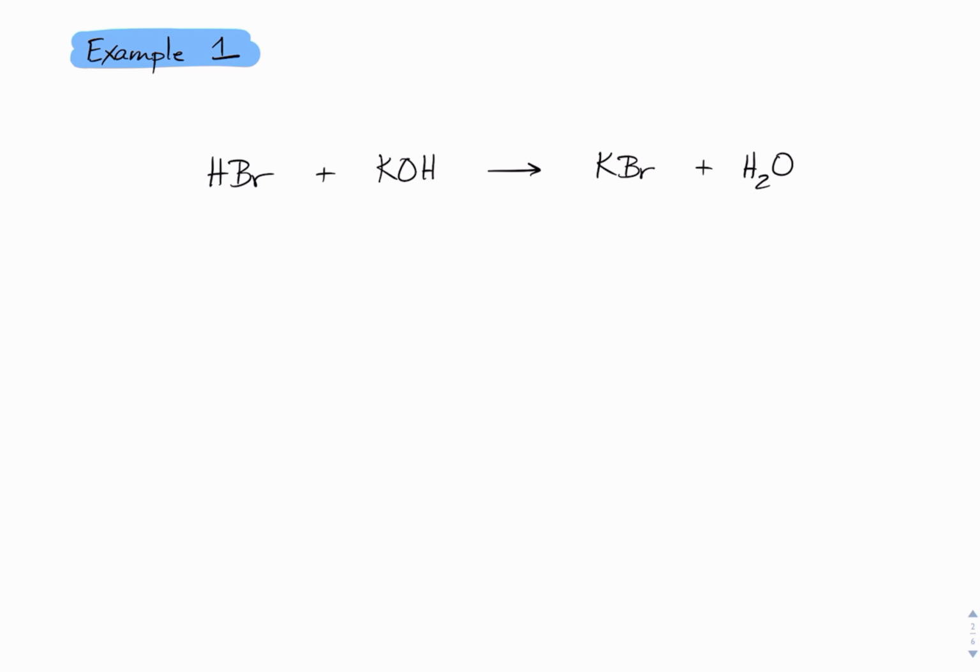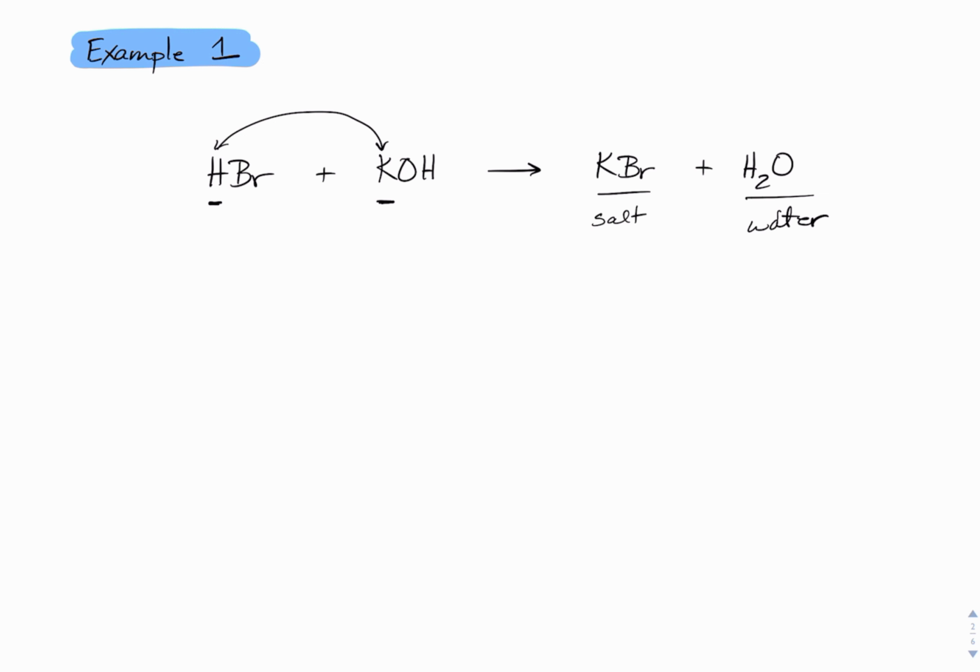So if you look at the A and the B in these first reactants, they will swap locations. And what that creates is potassium bromide as your salt, and you'll have HOH or H2O as your water.